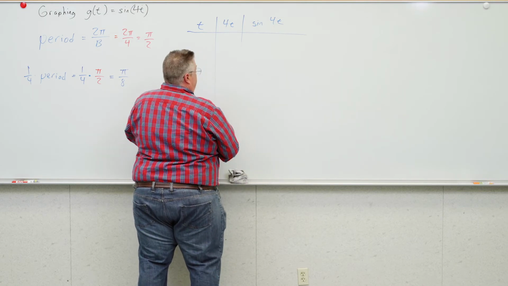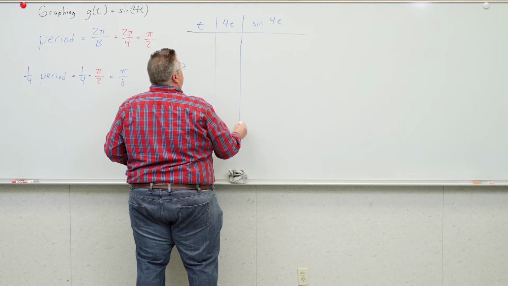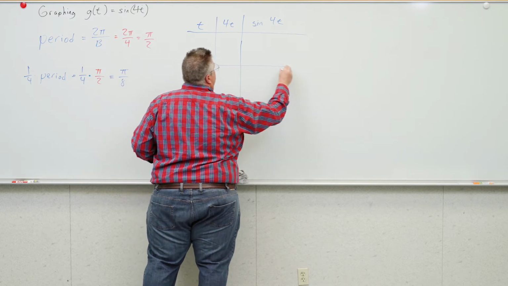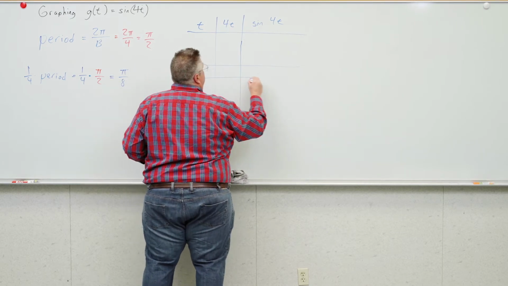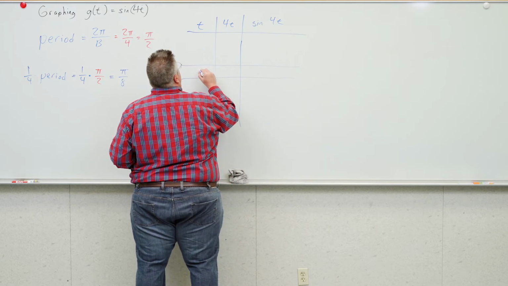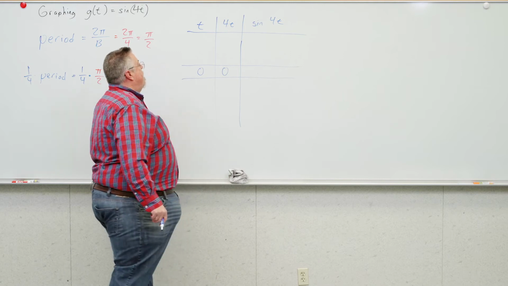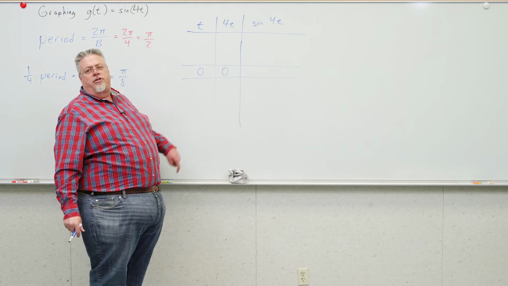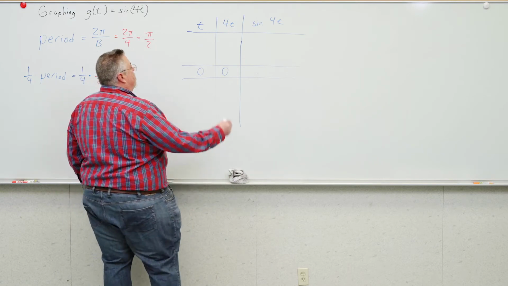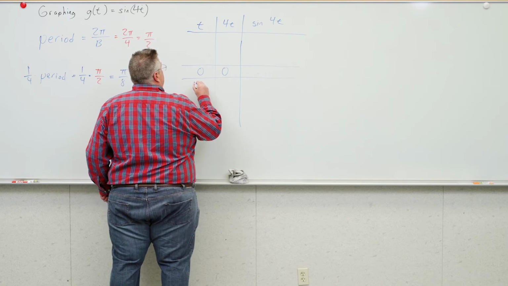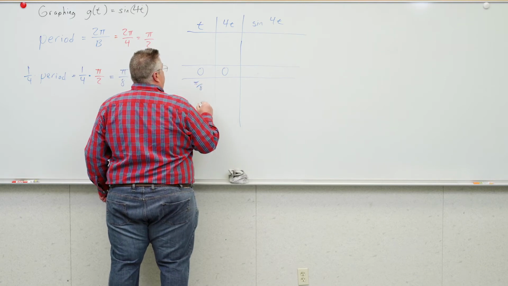So my t values, again, I'm going to have room to put a couple values before this, but I'm going to put in when t is 0, 4t is 0. But now instead of going every pi over 2 here, I'm going to go every pi over 8. So this is pi over 8.